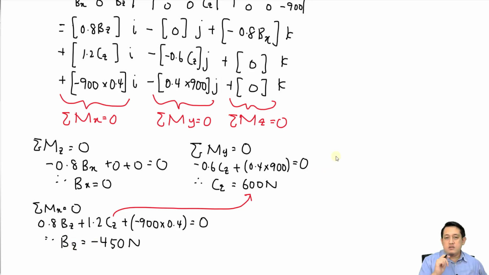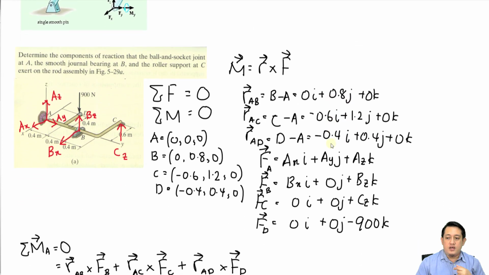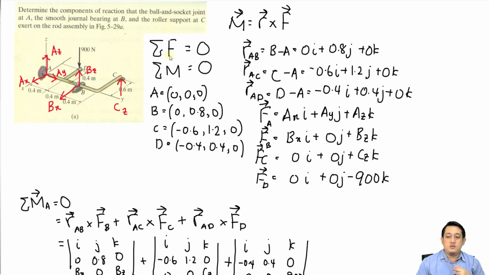But we cannot stop here because we still have 3 unknowns, Ax, Ay and also Az. So how to find it? Yes, you can use moment again at another point, like point B or point C. But we can also use the total of force equals 0, because it is in equilibrium.